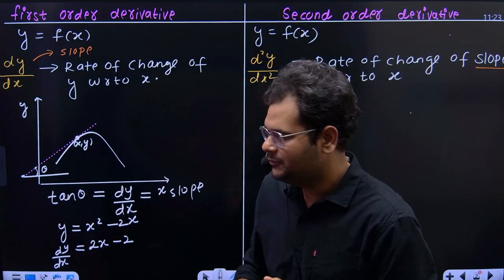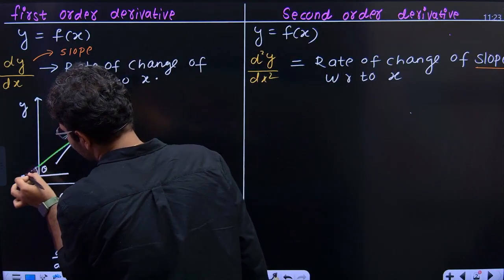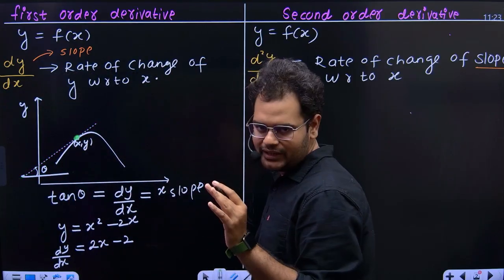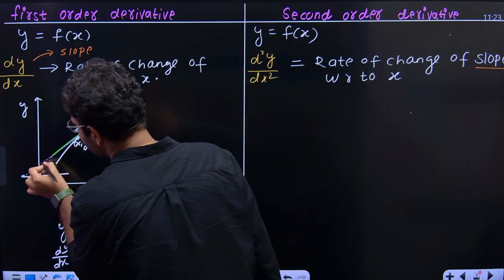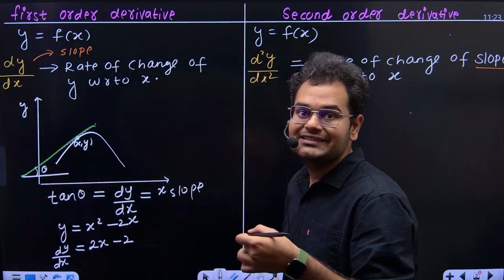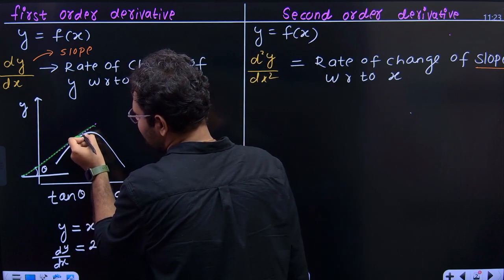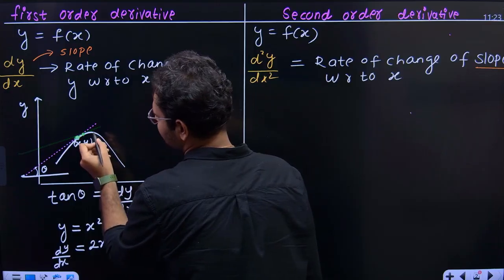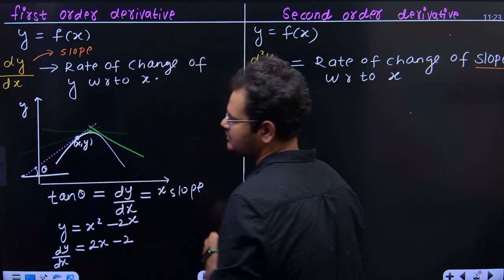Okay, let me explain. Simply, if I draw a tangent to the curve at this point and take tan of the angle, I will get slope dy by dx. But what d2y by dx2 tells is the rate at which this angle or slope is changing. How, sir? If I draw a tangent near this point, it will look like this. Then if I draw a tangent here, like this. If I draw a tangent here, like this.